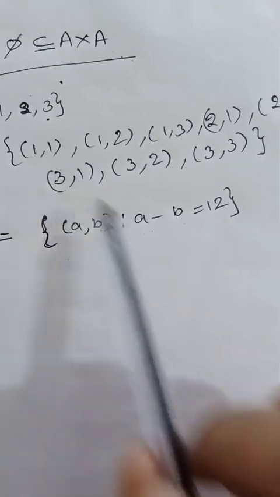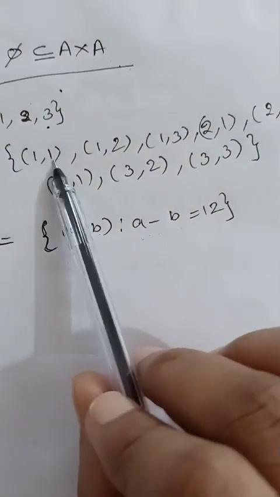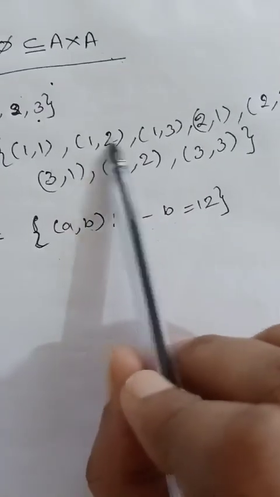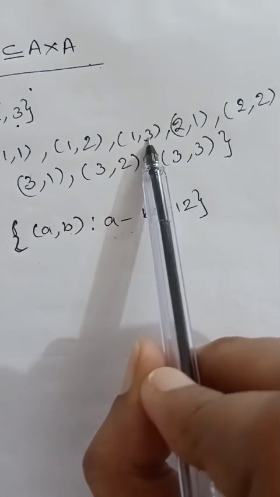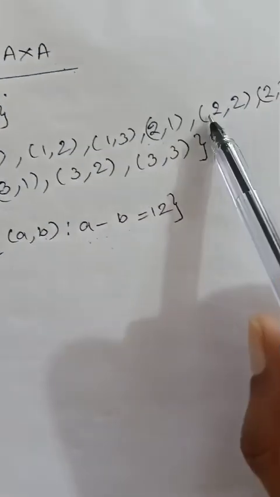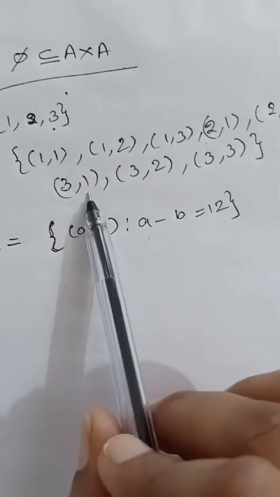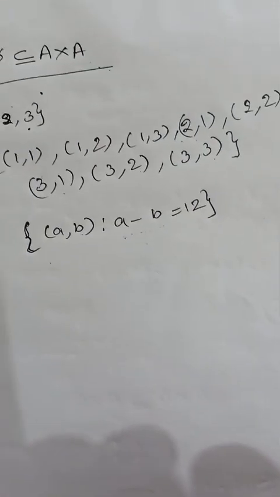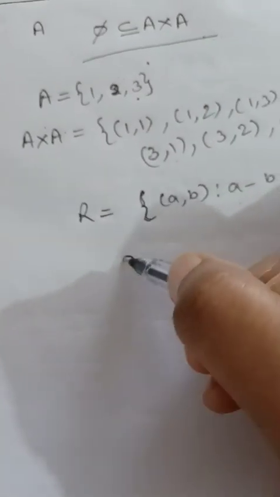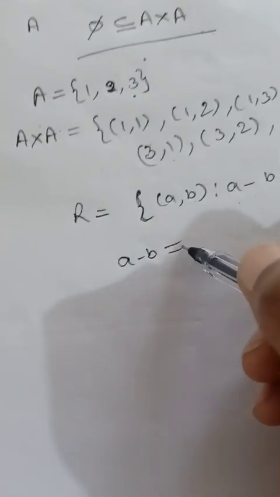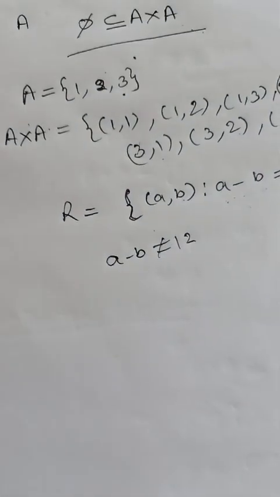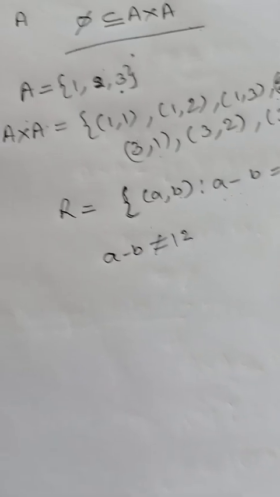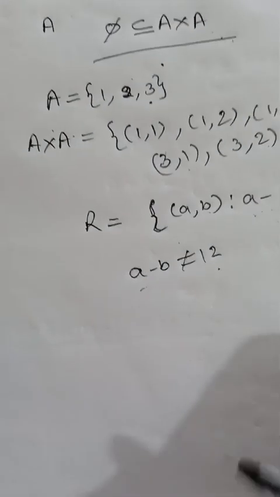So 1 minus 1 is 0, 1 minus 2 is minus 1, 1 minus 3 is minus 2, 2 minus 1 is 1, 2 minus 2 is 0, 2 minus 3 is minus 1, 3 minus 1 is 2, 3 minus 2 is 1 and 3 minus 3 is 0. In any case, a minus b is not equal to 12. Okay. So this relation is not verified.